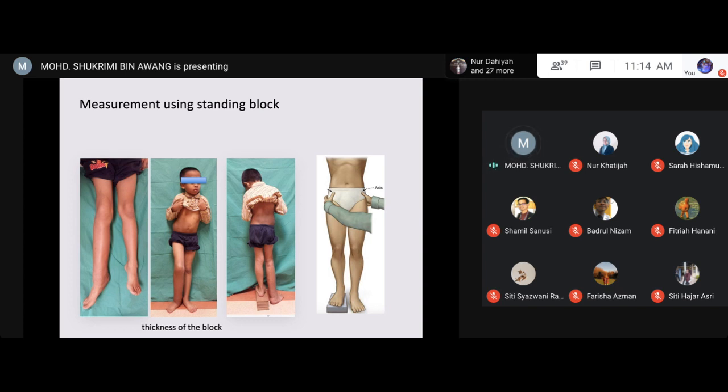You need to take into consideration the soft tissue component also. Tape measurement is just taking into consideration the bony pathology only. So the block test is more functional, because if you plan later for treatment, you know this patient has 7 centimeter shortening, including the bone and soft tissue. Okay, right.